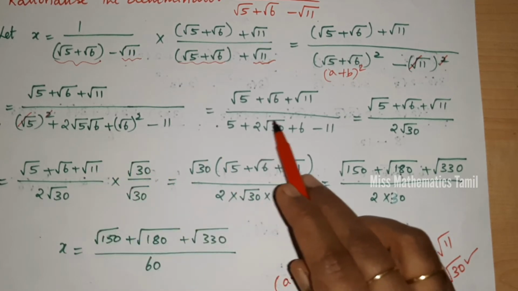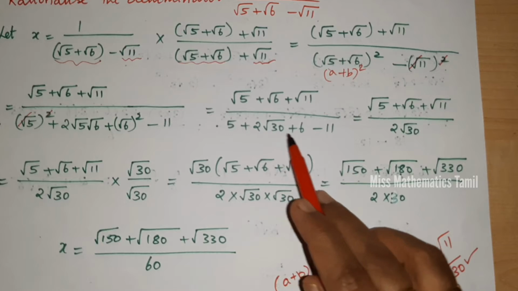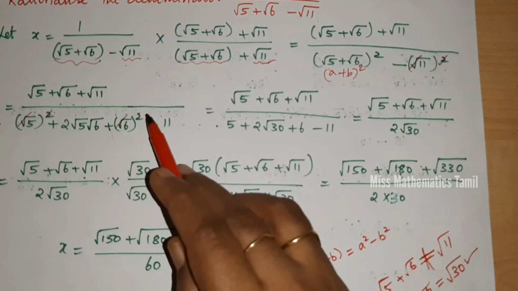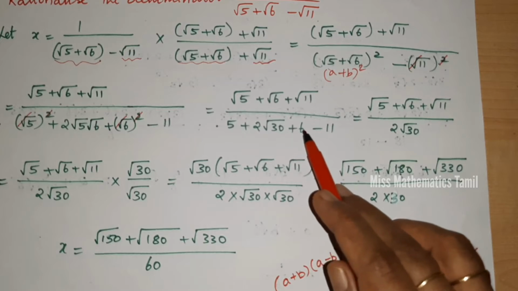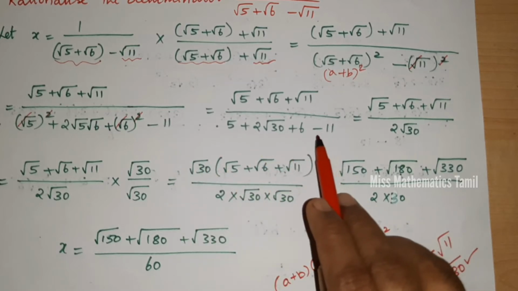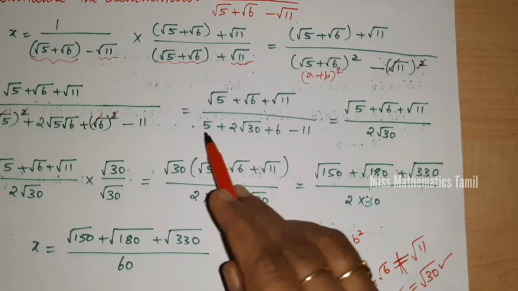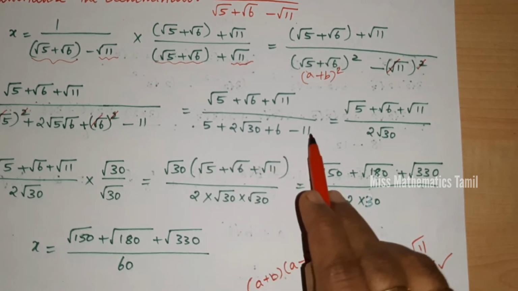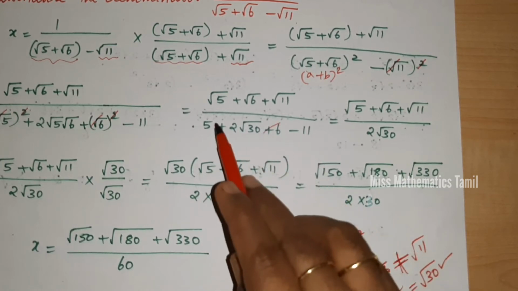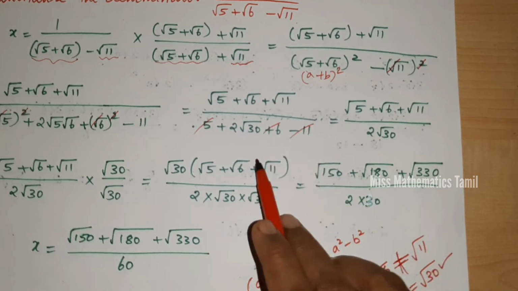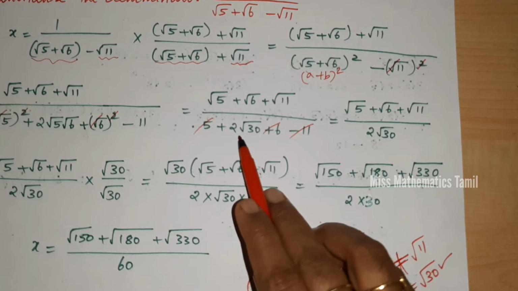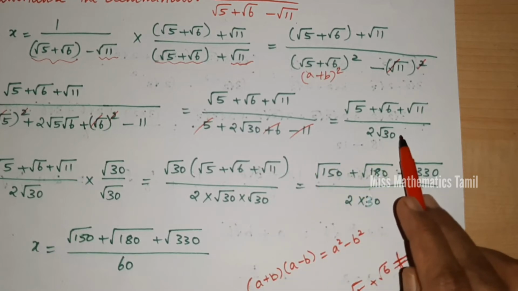So that we wrote root 30 here, plus here root and square both are cancelling and we will get only 6. Also minus 11. What will happen? 5 plus 6 minus 11. All cancel because 5 plus 6 is 11. 11 minus 11 is 0. Okay, so the remaining thing is 2 root 30.